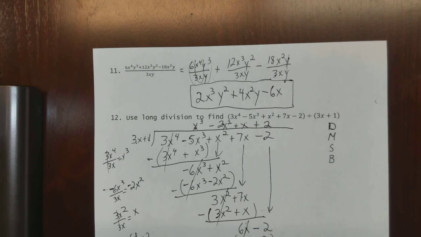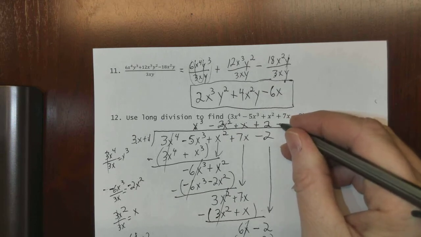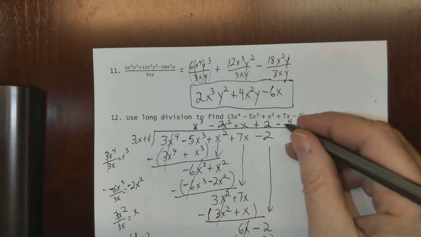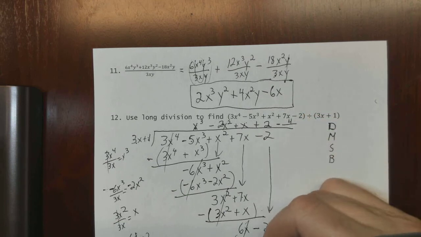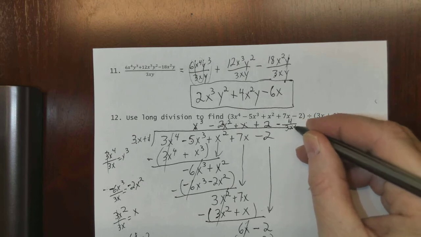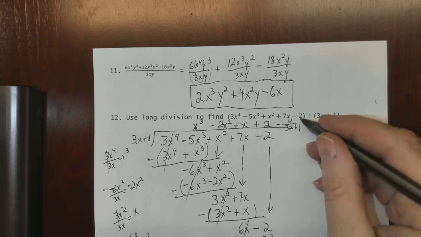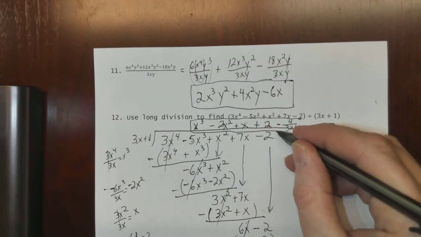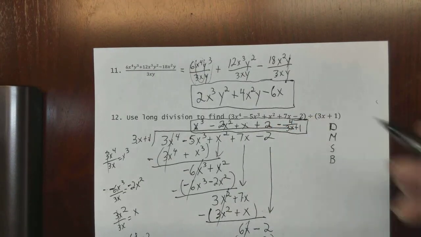Negative 2 minus 2 is negative 4. So that's our remainder. And I'm going to write the minus here. And I'm going to write 4, which is our numerator. And then my denominator is 3x plus 1. There we go.